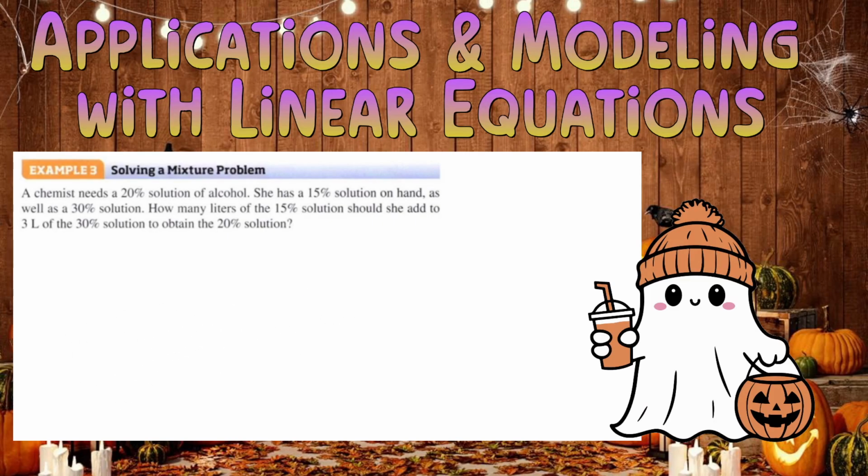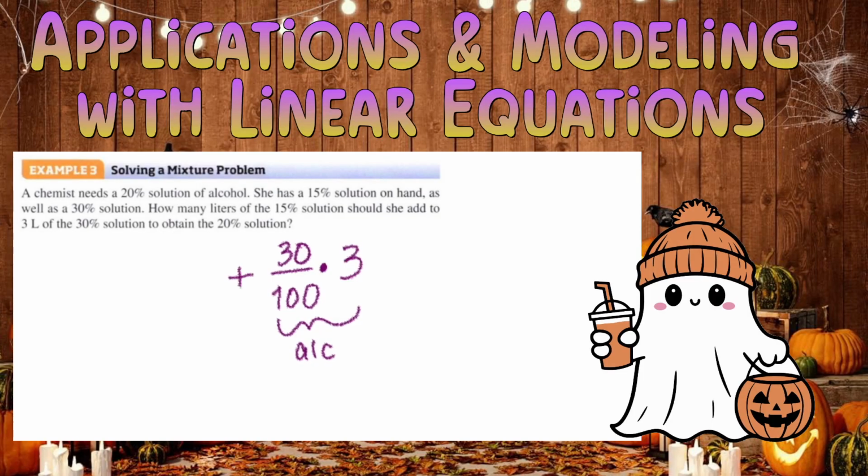We want a 20% solution of alcohol. She has 15% solution on hand as well as 30% solution. What do I know for sure? I know that one of the things that we're mixing is a 30% solution, and I'm finding 30% of the 3 liters. 30% of 3 liters is alcohol.